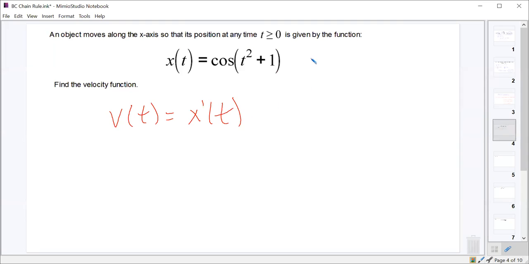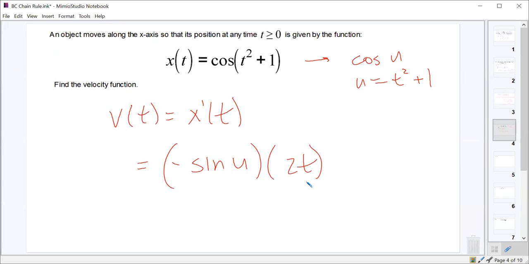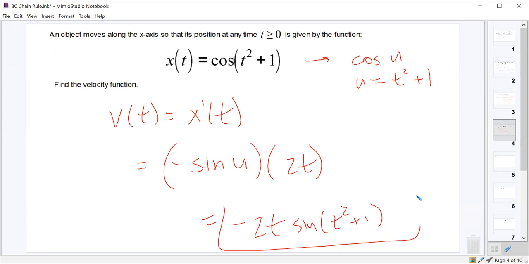Using the chain rule. It's cosine of u with u equal to t squared plus 1. So this ought to be negative sine of u times 2t, or negative 2t sine of t squared plus 1. Good or no?